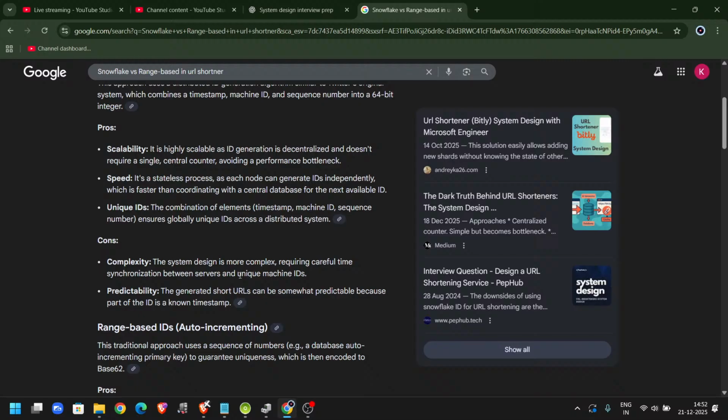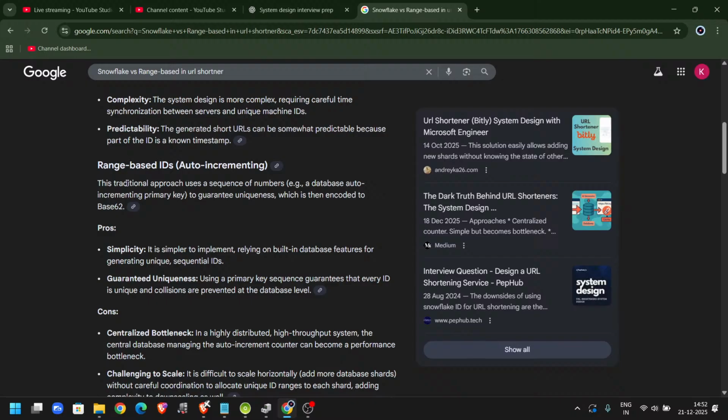True. If someone has the information, they would always have the information of timestamp. They can't have the information of request ID or something, but if they can somehow grab that, that's a bad thing.